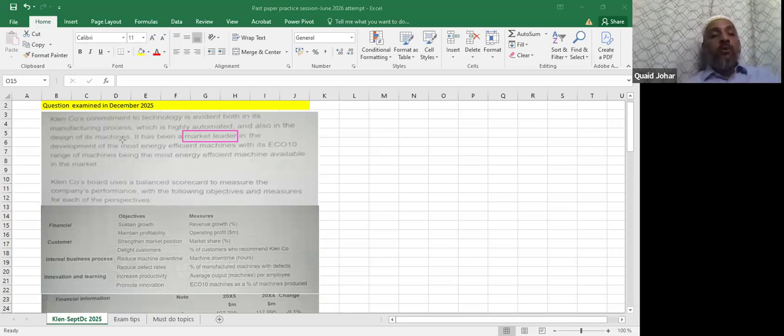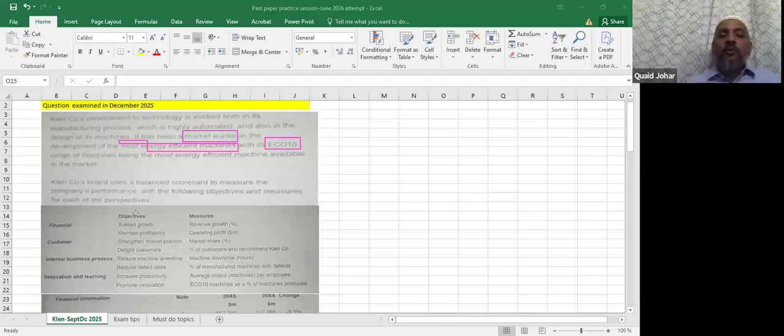It develops the most energy efficient machines, with its Eco 10 range of machines being the most energy efficient machine available in the market. So this shows a competitive advantage over other competitors, right? So that was an important point. And second, Clan Company's board uses a balanced scorecard.